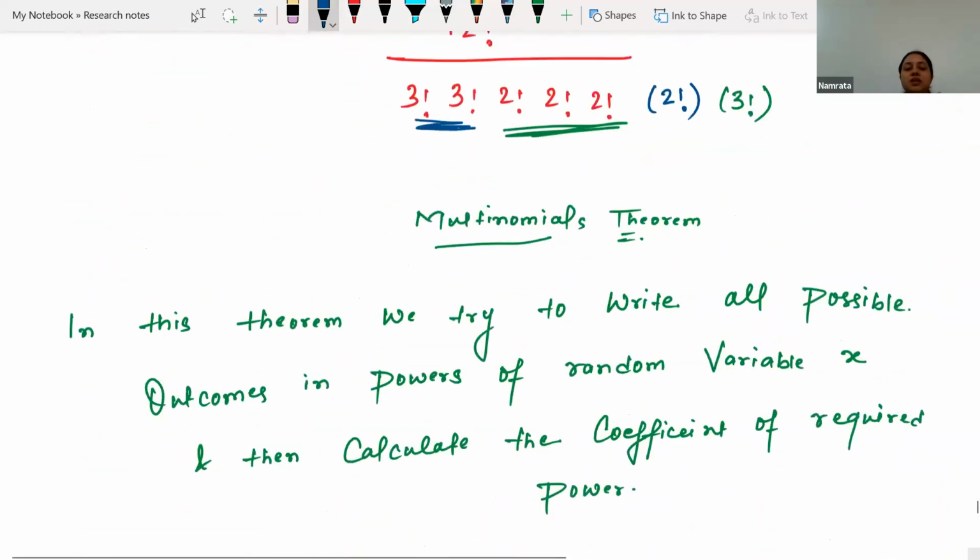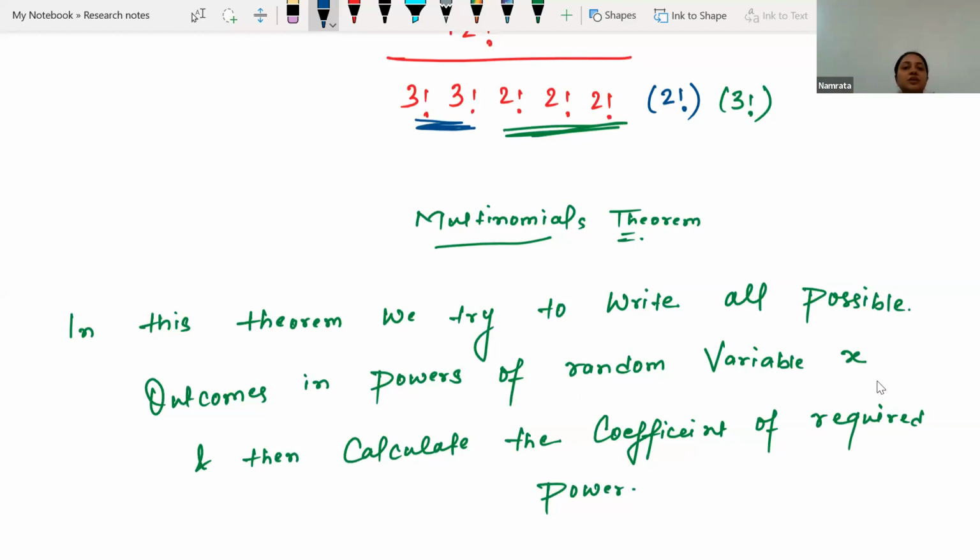So the theorem says, in this theorem we try to write all possible outcomes in powers of a random variable x. Can you see I have written all the possible outcomes in the form of the random variable x to the power 0 mango, 1 mango, 2 mango, 3 mango, 4 mango.